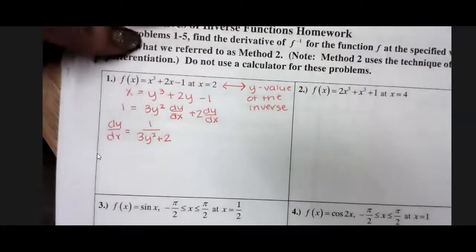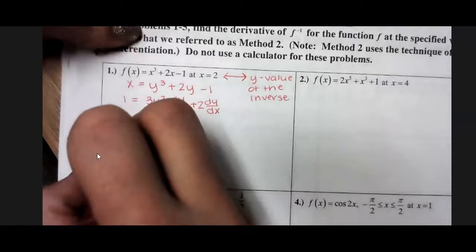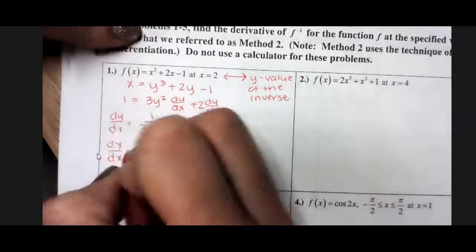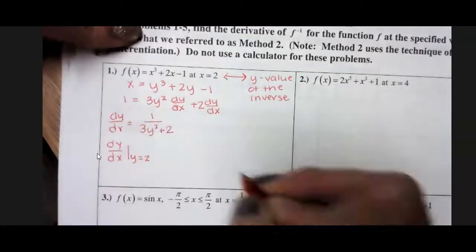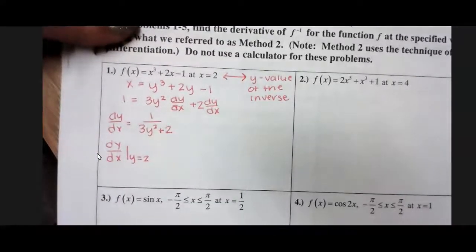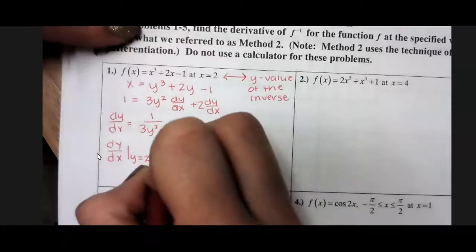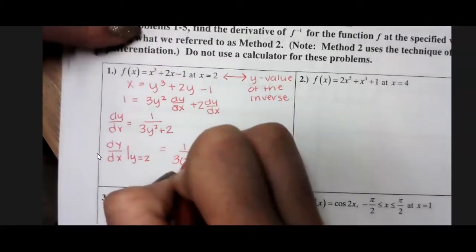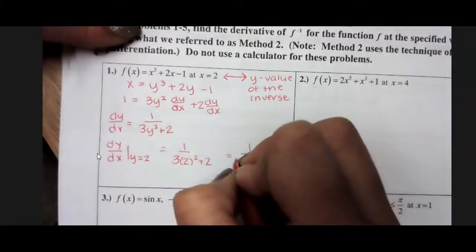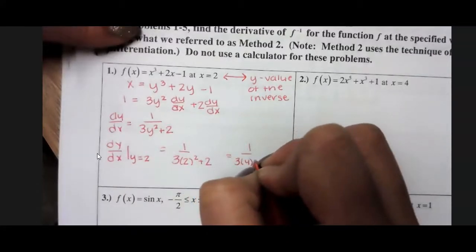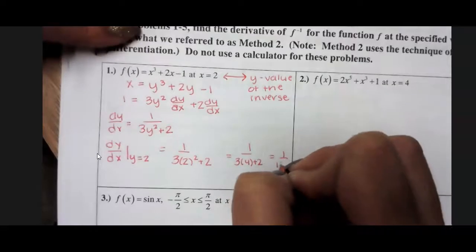So what that means is that dy/dx is actually being evaluated at y equals 2. So our answer is 1/14.